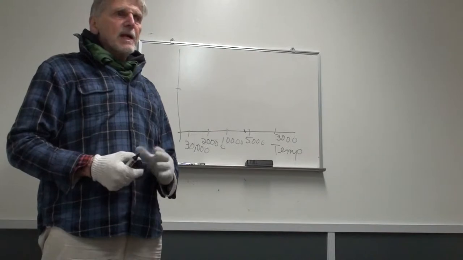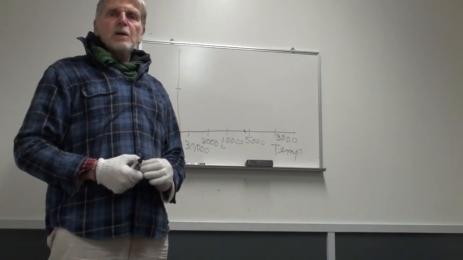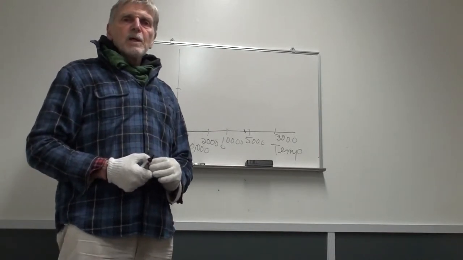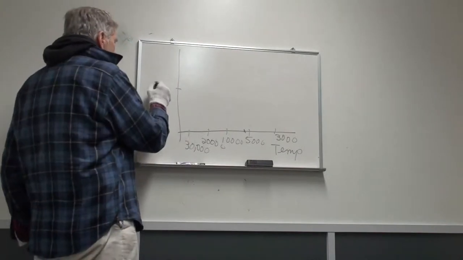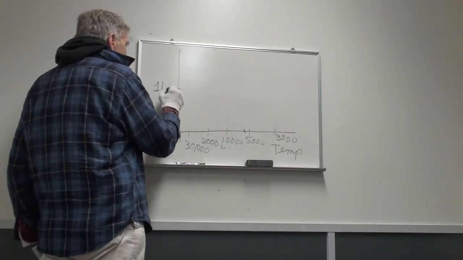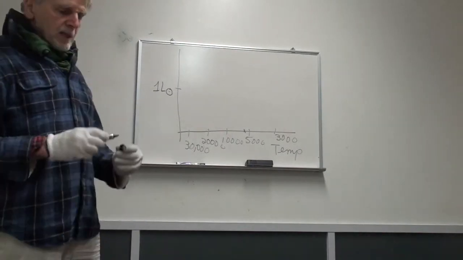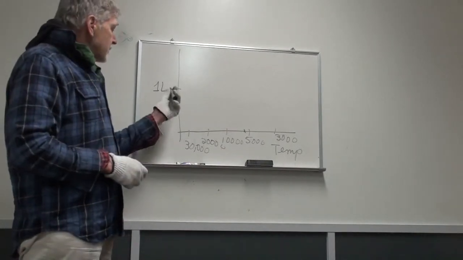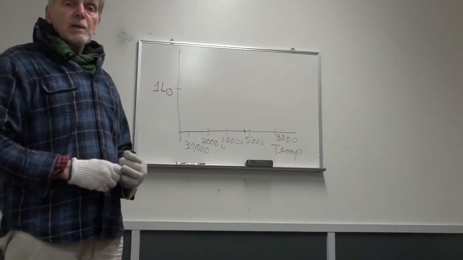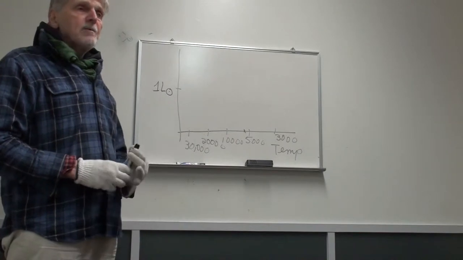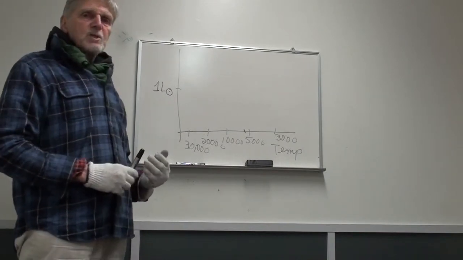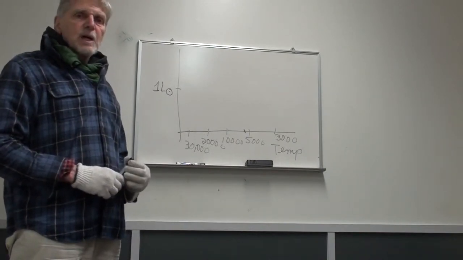We're going to take the standard amount of luminosity to be our sun, and we call that 1 solar luminosity. And we write it as 1 luminosity, and we put a little circle with a dot in it, because when we put a little circle with a dot in it, it means that we're talking about the sun. So this is the amount of energy that our sun puts out in 1 second. It's called 1 solar luminosity.